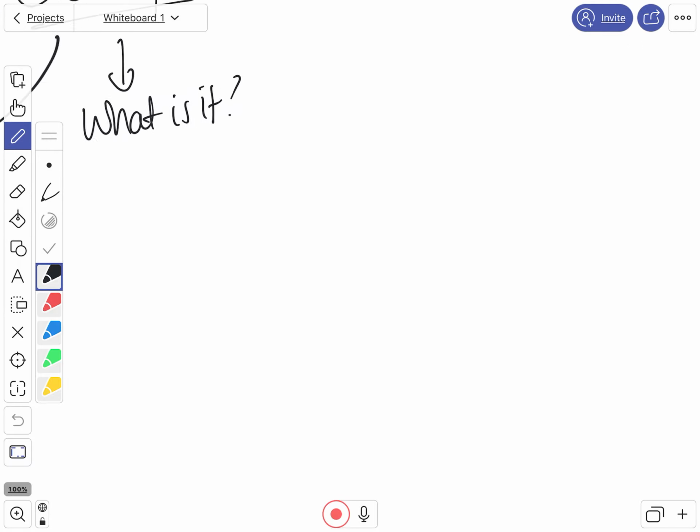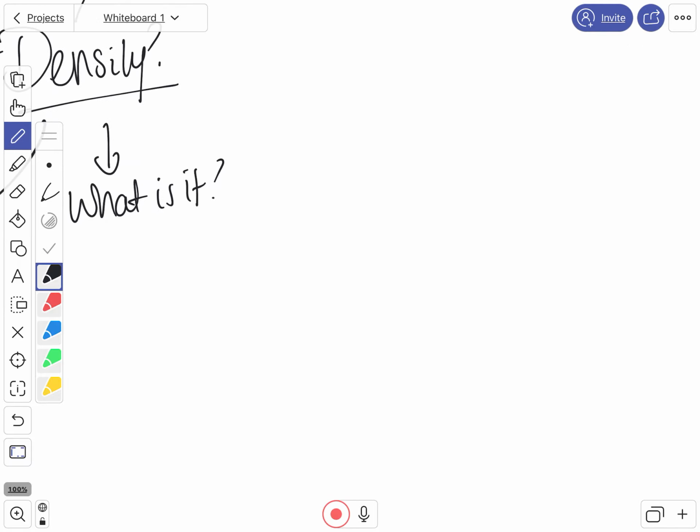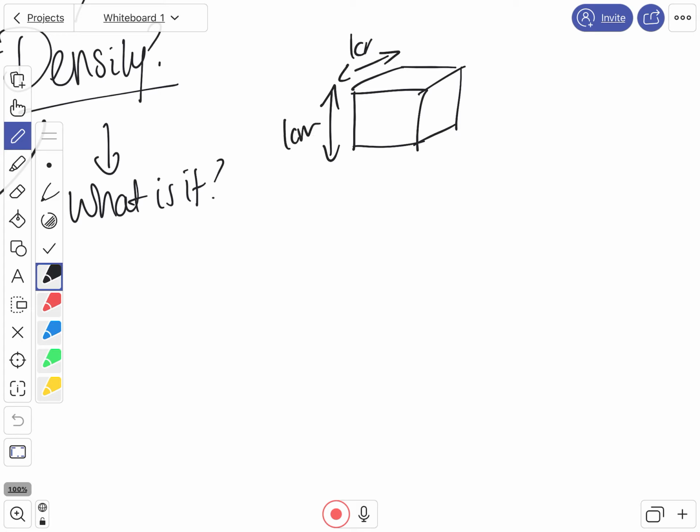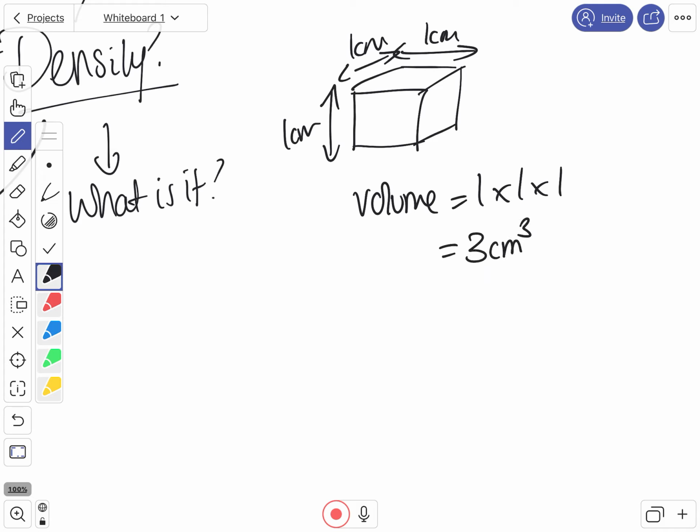So let's have a little think about an object. If I have a cube and my cube is 1 centimetre by 1 centimetre by 1 centimetre, because it's a cube, I can work out the volume. So the volume would be 1 times 1 times 1, which would give me 3 centimetres cubed.